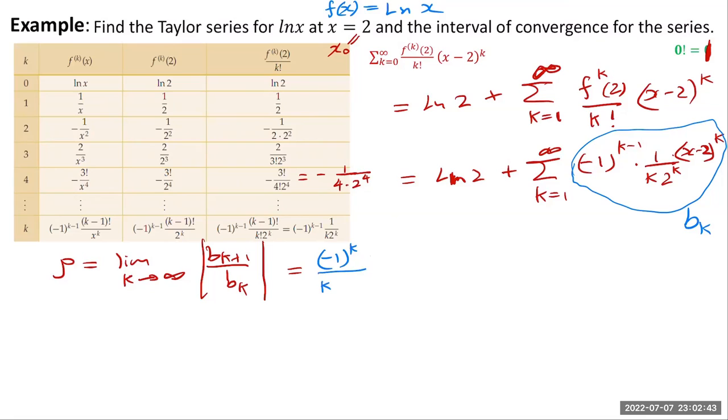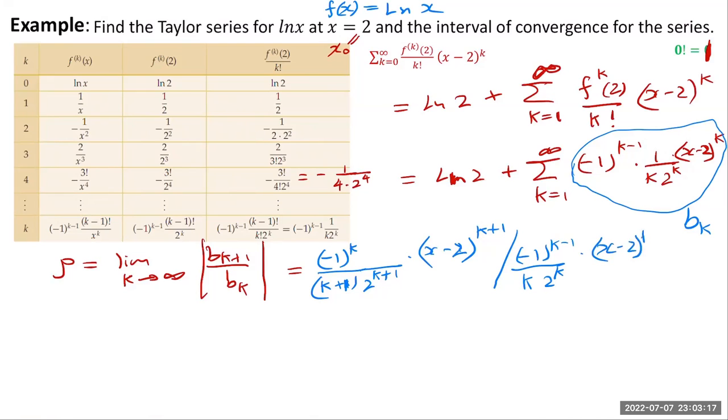Because I'm replacing k by k plus 1, then you get k. In the bottom, you get k plus 1 times 2 to the power k plus 1 times (x minus 2) to the power k plus 1, divided by minus 1 to the power k minus 1. It is just b_k, right? k times 2 to the power k times (x minus 2) to the power k.